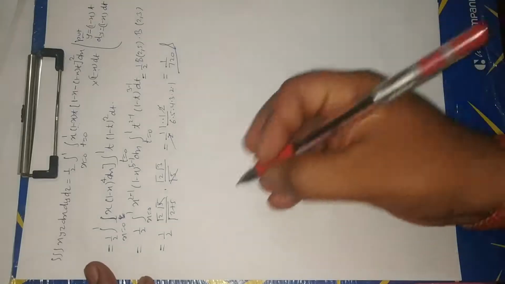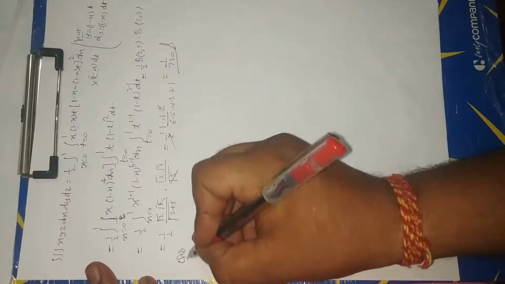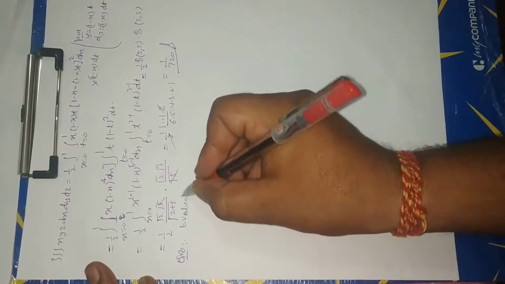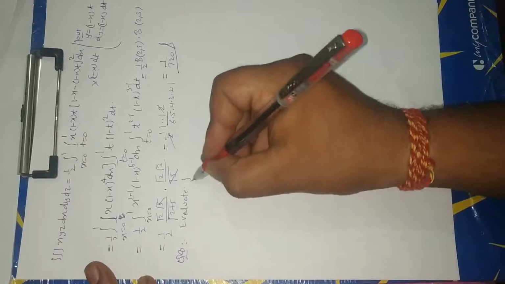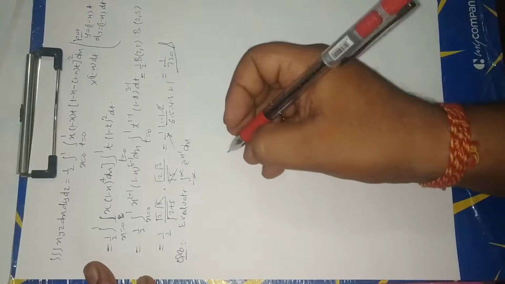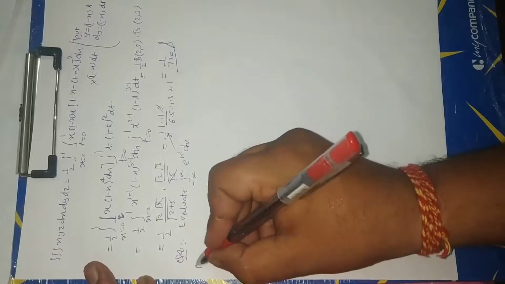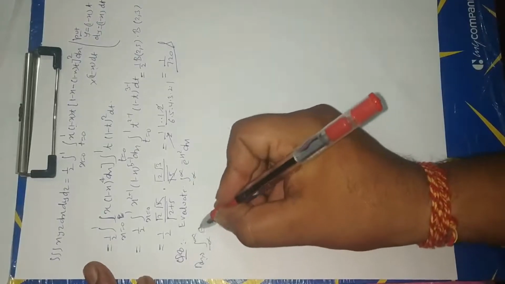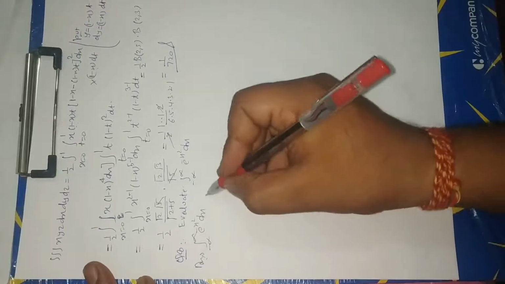Now next question, question number 8. Evaluate integral minus infinity to infinity e to the power minus x square dx. Answer: integral minus infinity to infinity e to the power minus x square dx.